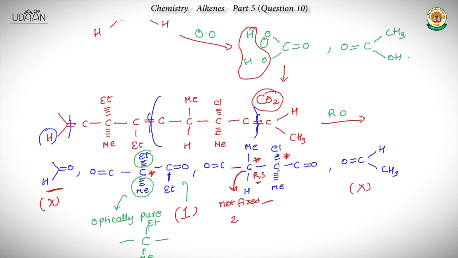But if you take this carbon, its stereo is already fixed. That is, the Cl group and Me group attached to this carbon have a fixed stereochemistry, so it's optically pure, and either R or S is formed here. So the final compounds are one from this one and two from this compound. On the whole, we will get three optically active products.